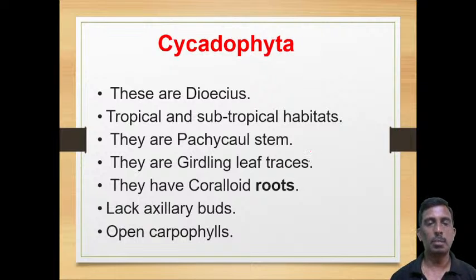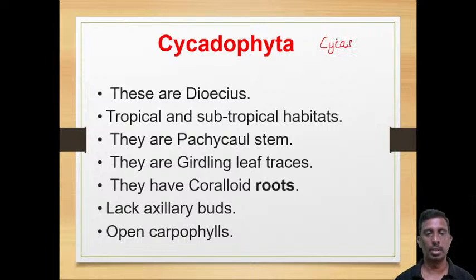Cycadophyta, the best example for this is Cycas, which is dioecious and has an unbranched stem. Okay. On the stem there are girdling leaf traces, that is, persistent leaf bases. After leaf fall, the leaf traces are left behind, and they have coralloid roots. They don't have axillary buds.